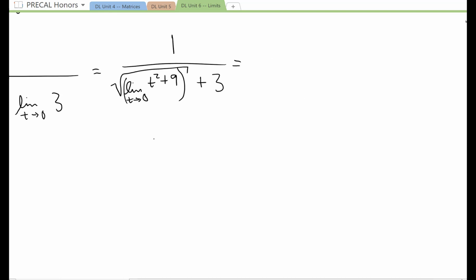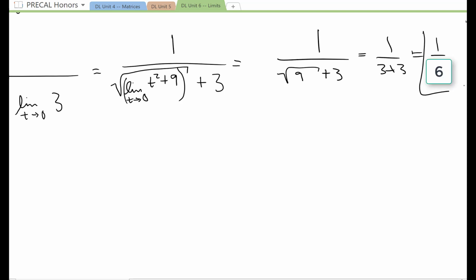Now you can substitute the 0 in for t. So you'll have 1 over the square root of 0 plus 9, which is 9, plus 3. Yes, which confirms what we did on Wednesday, that indeed 1/6 is the limit.